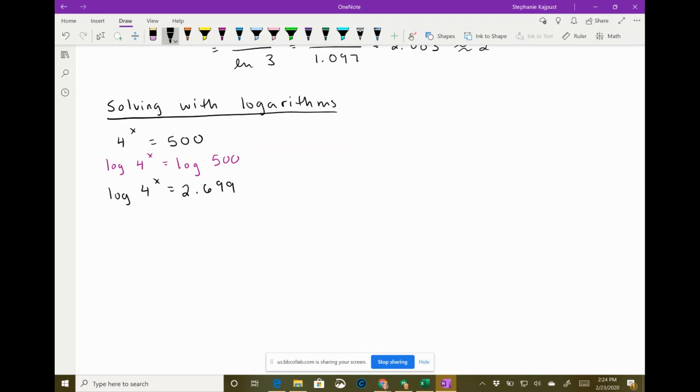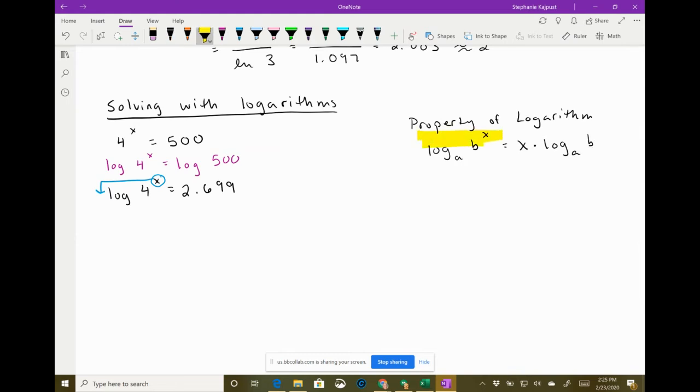Now the question is, okay, so why are we doing this? We're doing this so that we can get this exponent out. We have a rule that says when you take the log, you can put the exponent in front. So we have a property of a logarithm, where log base a of, say, b to the x is the same thing as x times log base a of b.